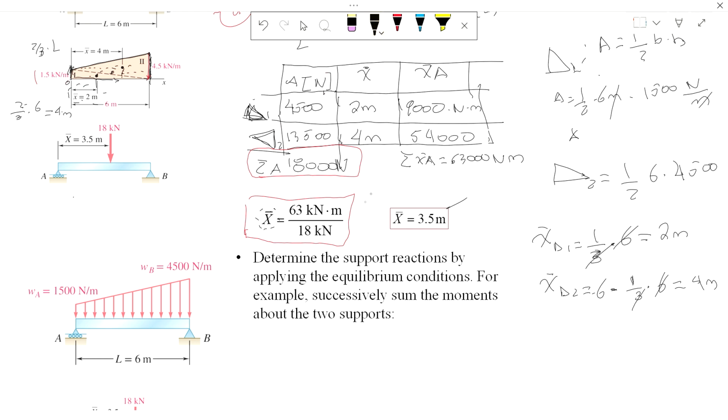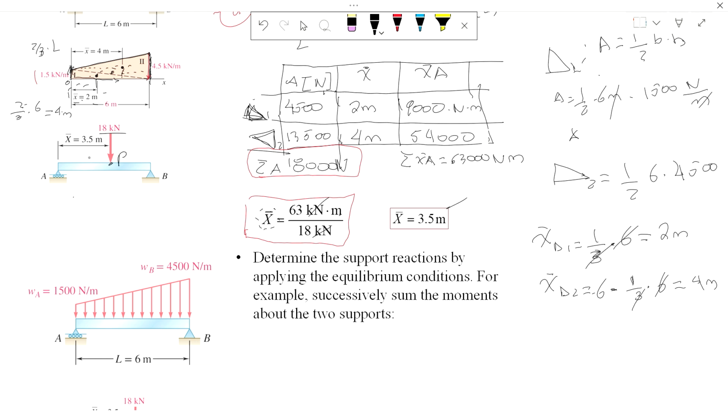All right, so the total force is 63,000 newtons per meter divided by 18,000, and we get units of meters. But the total force is this total amount of force on the region. Therefore, this is 18,000.